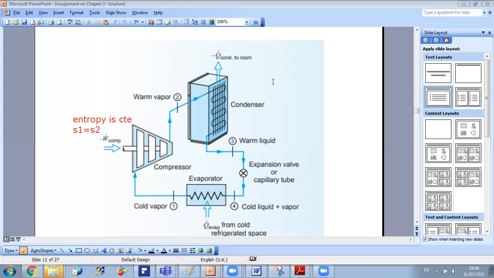Now, whenever I am passing through the condenser or evaporator, I have heat exchange and no work. So when I write my energy equation, W is 0. In general for heat exchangers, W is 0. The condenser and the evaporator are both heat exchangers.